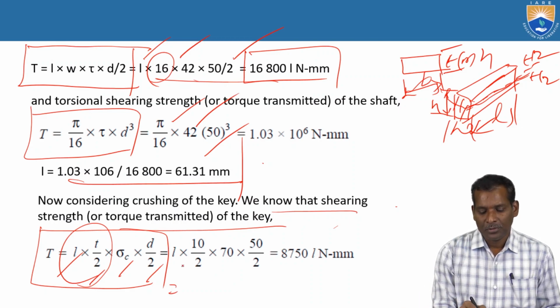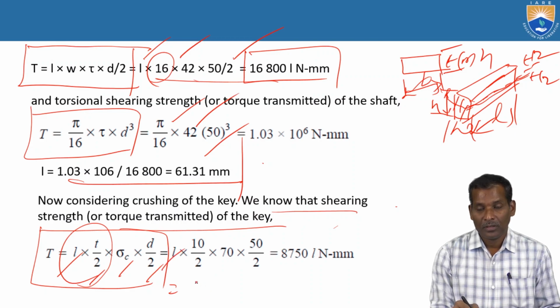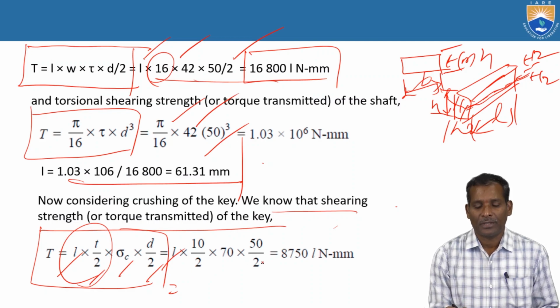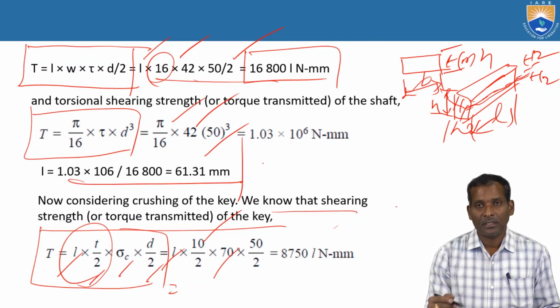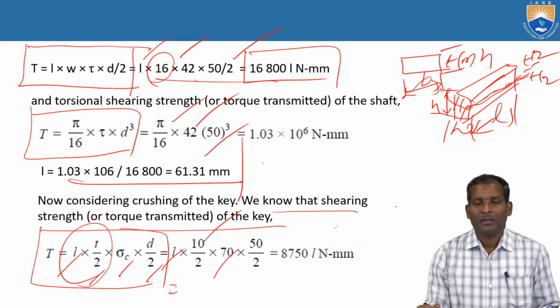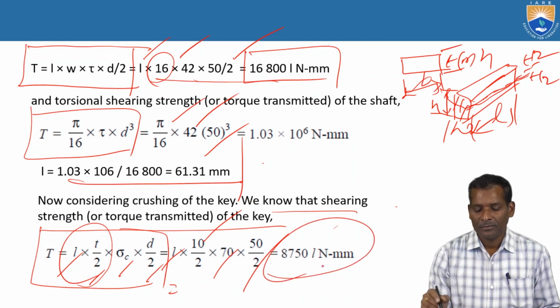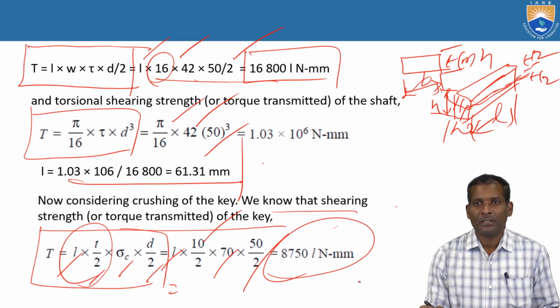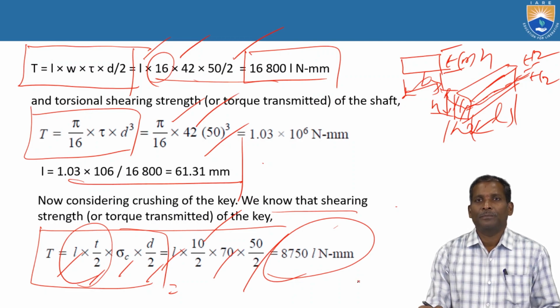Again you need to calculate the L value, so don't substitute the above calculated L in this equation. So t by 2, t is the thickness of the key, and sigma c given in our problem, crushing strength 70, and then 50 by 2. So finally, the obtained value is 8750 L Newton mm.